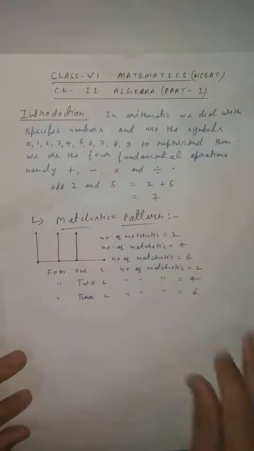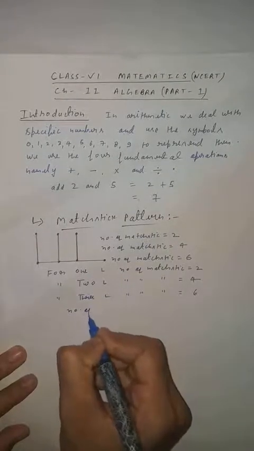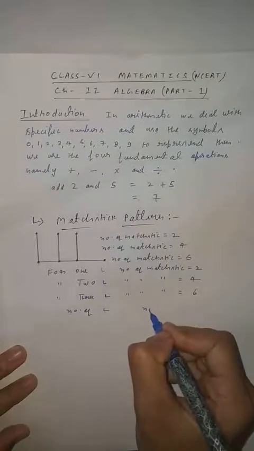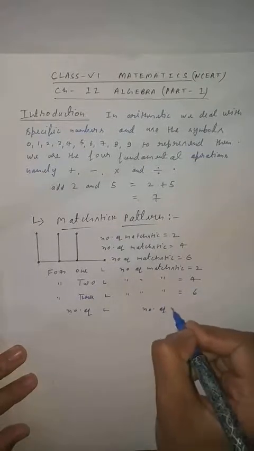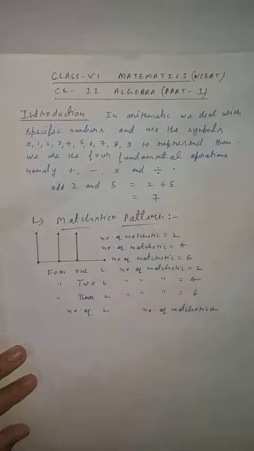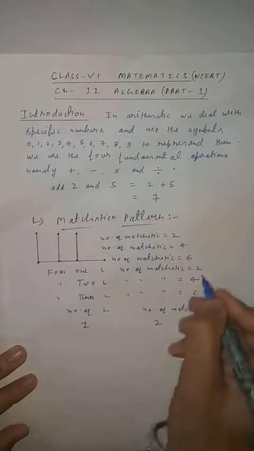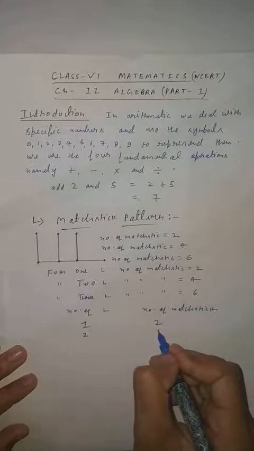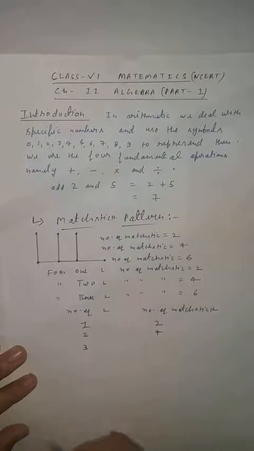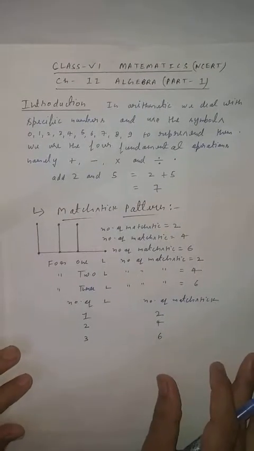If you write the number of L here and the number of matchsticks here: for 1L, 2 matchsticks are required; for 2L, 4; for 3L, 6. So here one pattern is followed.